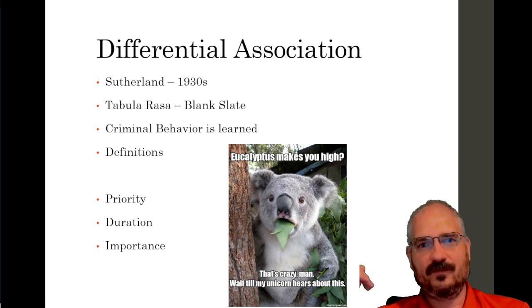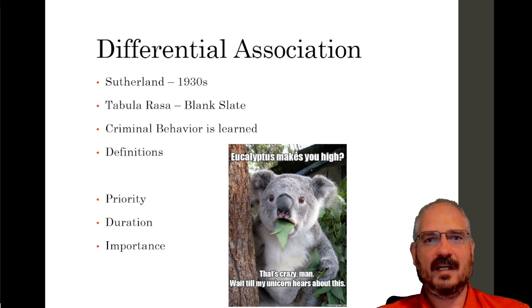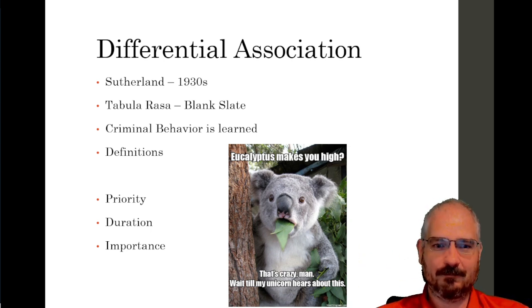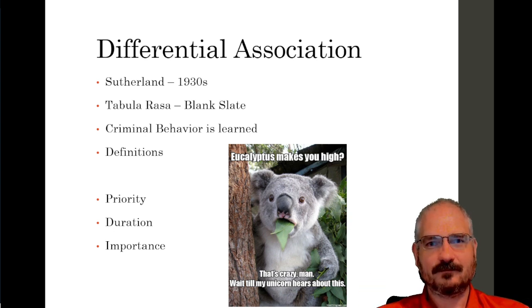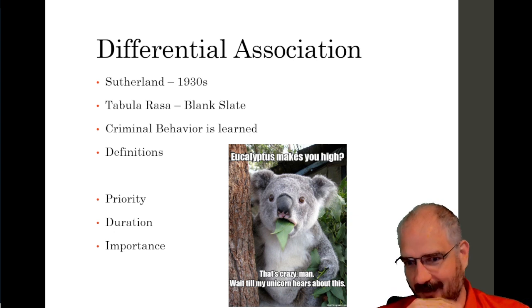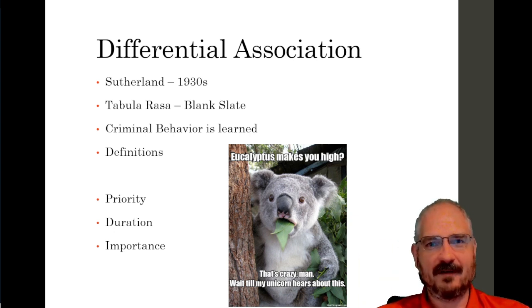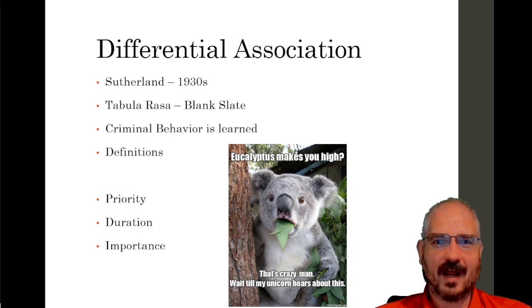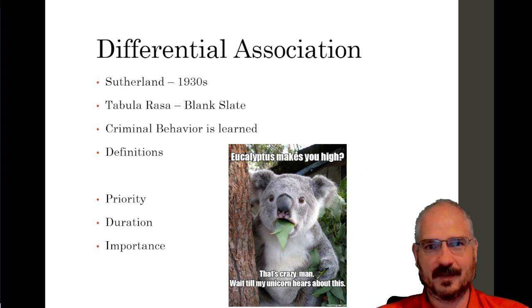So if somebody is going to become a criminal, it's because they learn from watching and experiencing and interacting with and socializing with those around them. Sutherland used this term he called definitions. All right? And the definitions are kind of examples almost, right? So if I'm driving with my father, my father's driving a car, I'm in the passenger seat at the young, impressionable age of 10, 12, something like that.